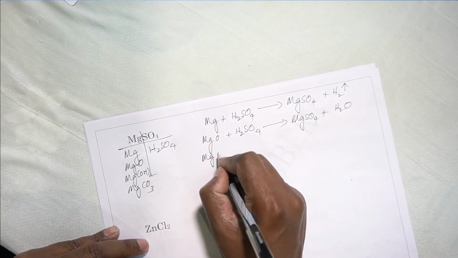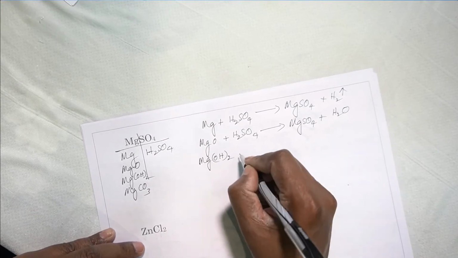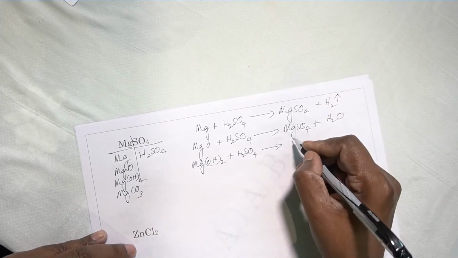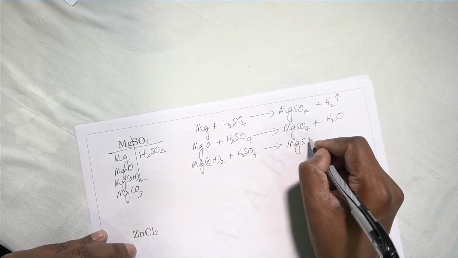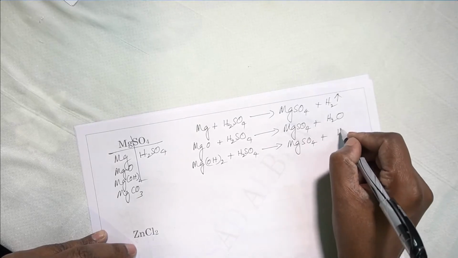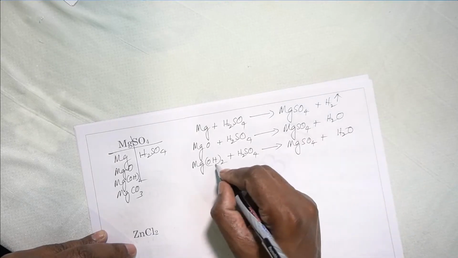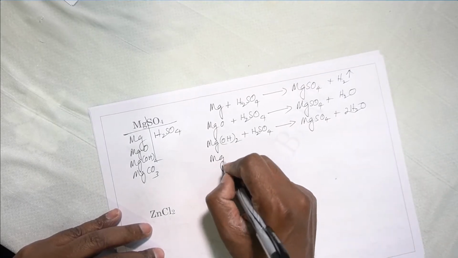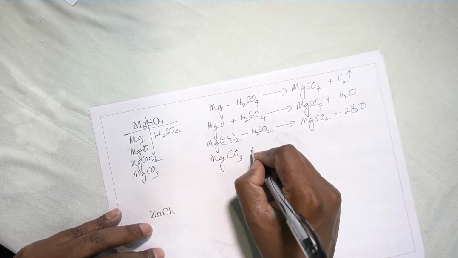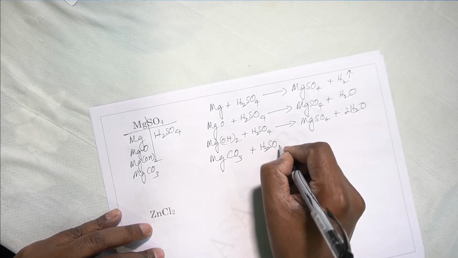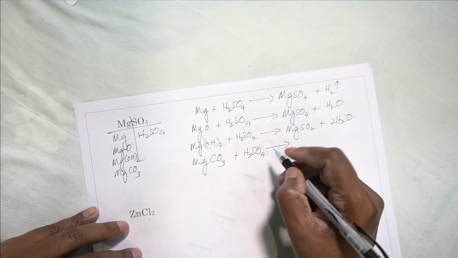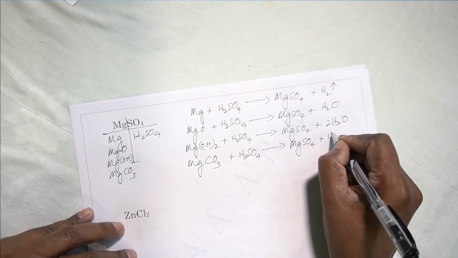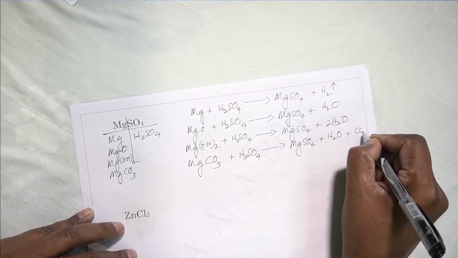Now Mg(OH)2 plus H2SO4 will give MgSO4 plus water. 2 OH groups are there, 2 H2O, it is balanced. Now carbonate, MgCO3 plus H2SO4. Carbonate plus acid will give salt, MgSO4, plus water and carbon dioxide.